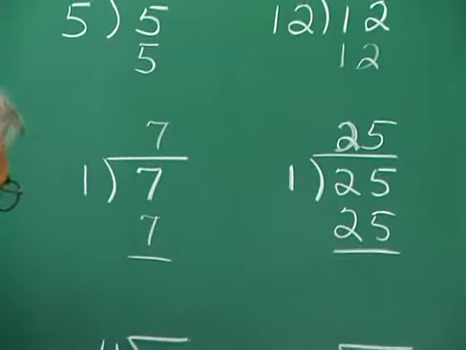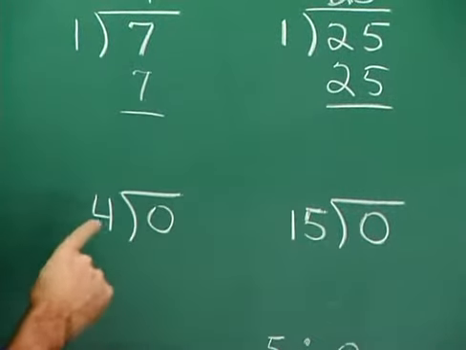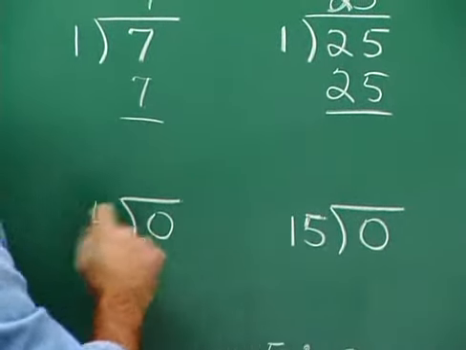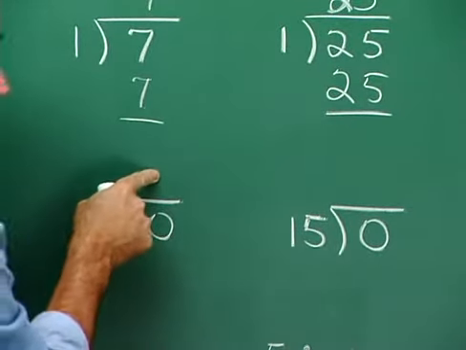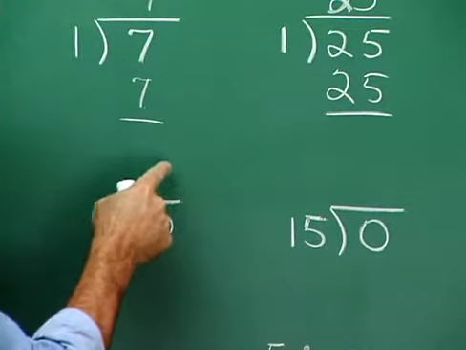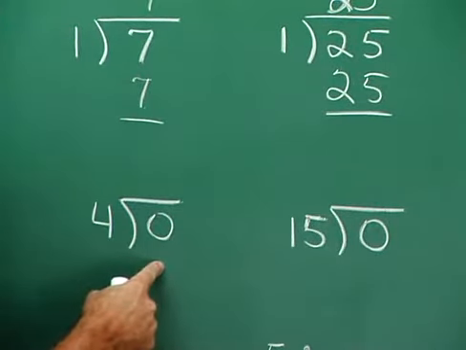0 is kind of a special dividend. If we divide a number into 0, think about this division symbol as being a request for a number, the quotient, which can be multiplied times the divisor to give this 0 dividend.